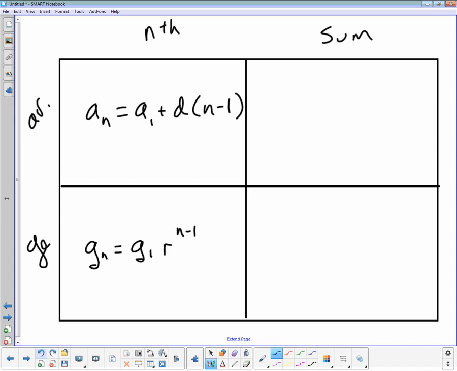If I want the sum of an arithmetic sequence, I should just say set. That is n times n plus 1 all over 2.